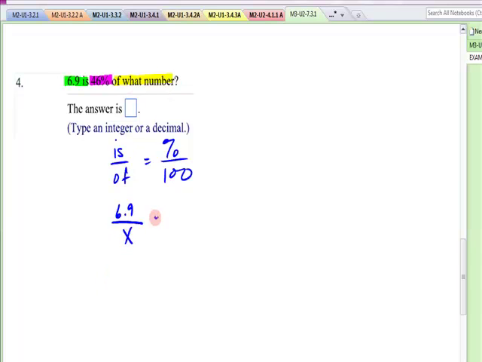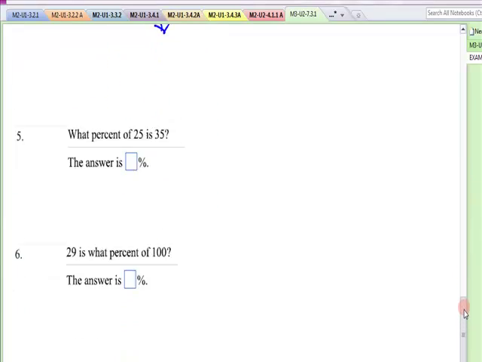Of what number is unknown. The percent is 46, and it's over 100. Now on these next few problems, I don't think I'm going to take the time to go over the solution, finishing that, because I think we've probably done plenty of that. But you would do your cross product and divide by 46. All right, let's look at another one.